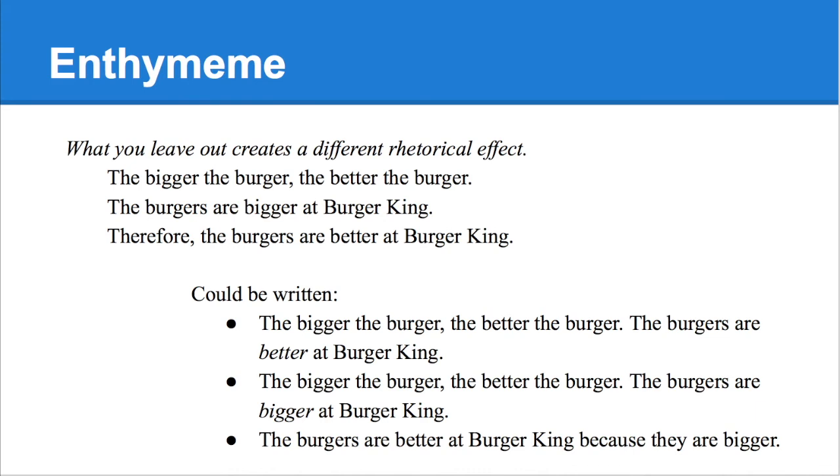When we say rhetorical effect, what we mean is the tone of what we're saying, the kind of feeling it creates in the person who's listening or reading, the implied aspects of it, the connotations. So if you're reading an author who's choosing which part or parts to leave out of a syllogism, you can consider why they might be leaving out the parts they're leaving out. What different effects might that create?